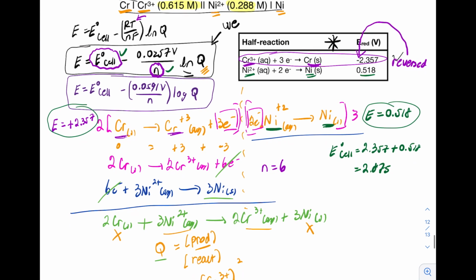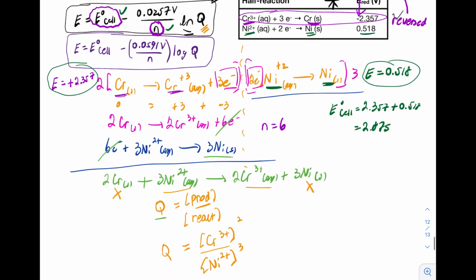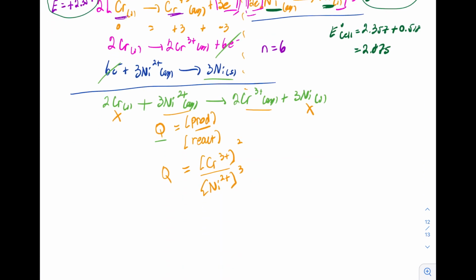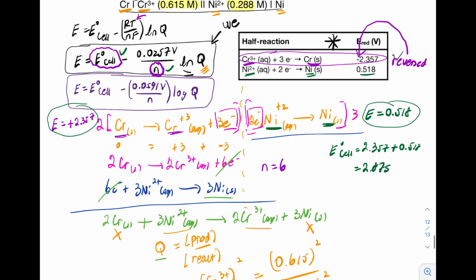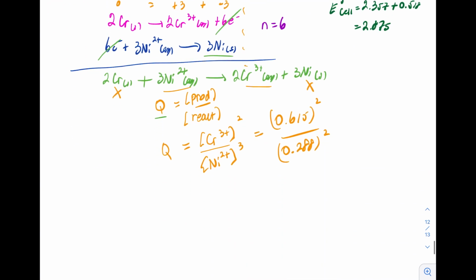So let's scroll back down. Let me verify that that's correct. So we said it was 0.615 for the chromium, 0.288 for the nickel. All right. So now we're going to evaluate this, and this is how I get my Q.